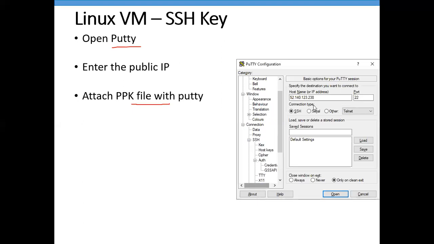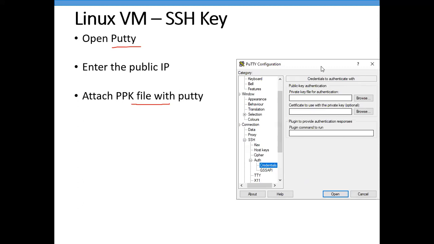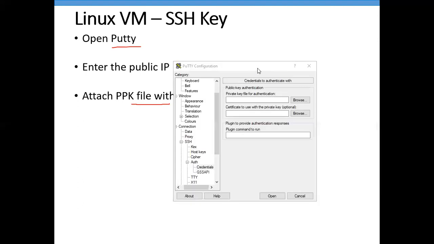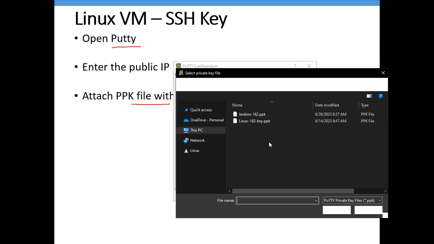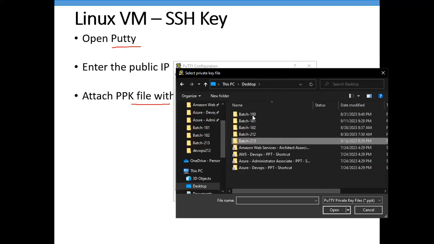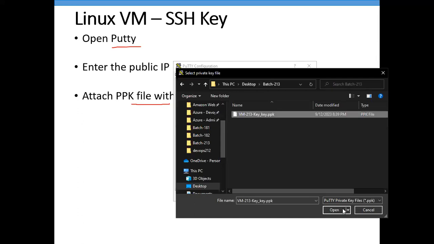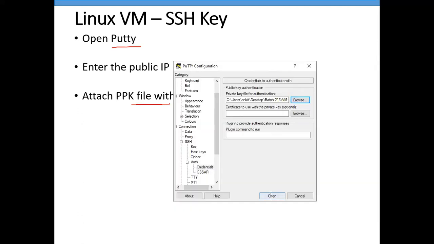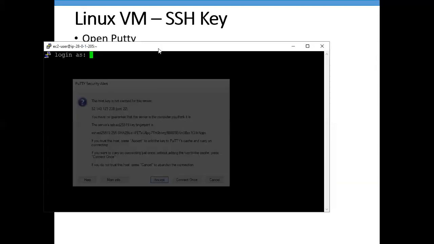Then click on Credentials. Once I click on Credentials, here the first option is to select our PPK. So change to 213. Open, open, accept, enter our user.